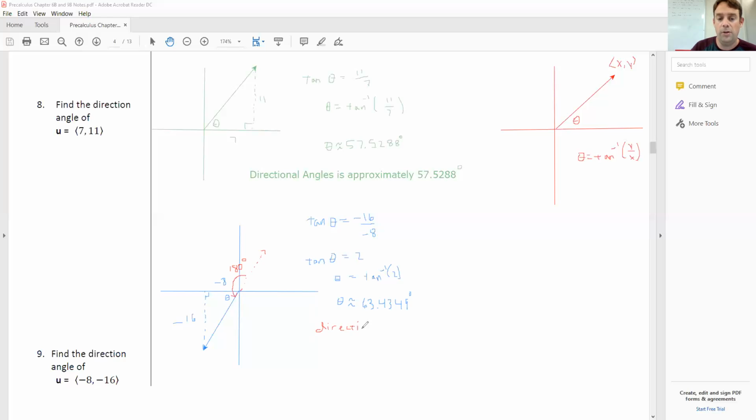So theta plus 180 degrees, which would be about 243.4349 degrees.